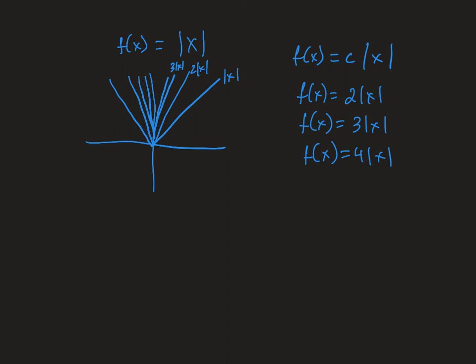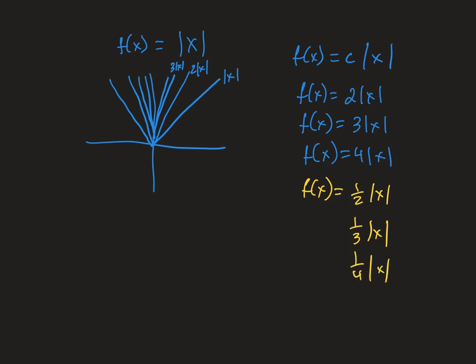Now if I wanted to make it wider, I would take that function and multiply it by a number between 0 and 1, so a fraction or a decimal that's closer to 0. So 1/2 absolute value of x, 1/3 absolute value of x, 1/4 absolute value of x.